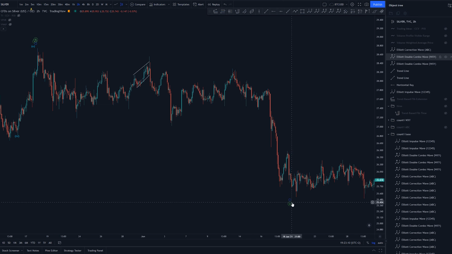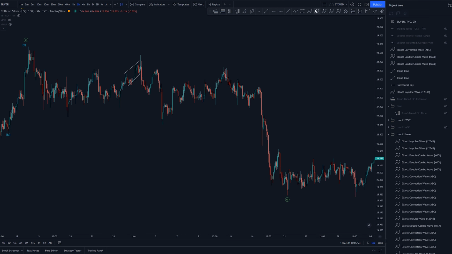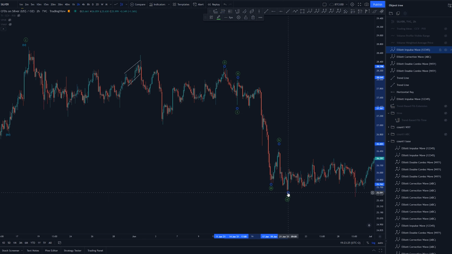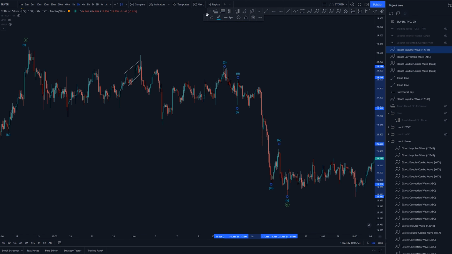This here, slightly up here, this looks like a 5 wave-ish. 1, 2, 3, 4, 5. Yeah, so this would be 1, 2, 3, 4, 5. No, it would be sub-minuet. This.